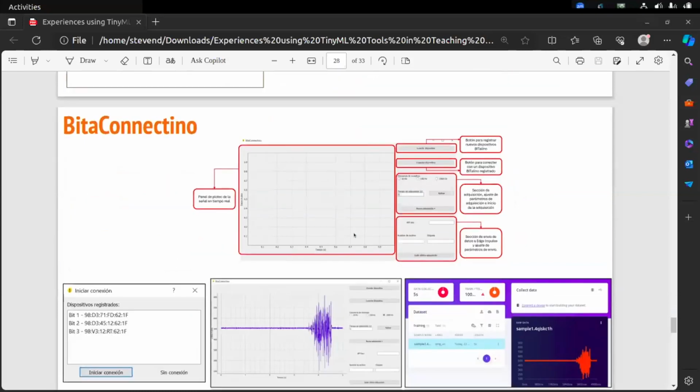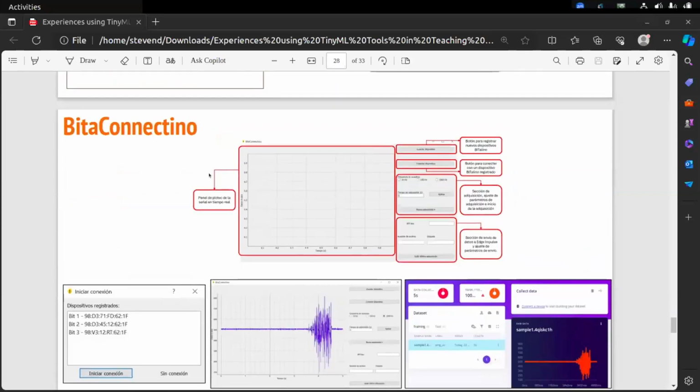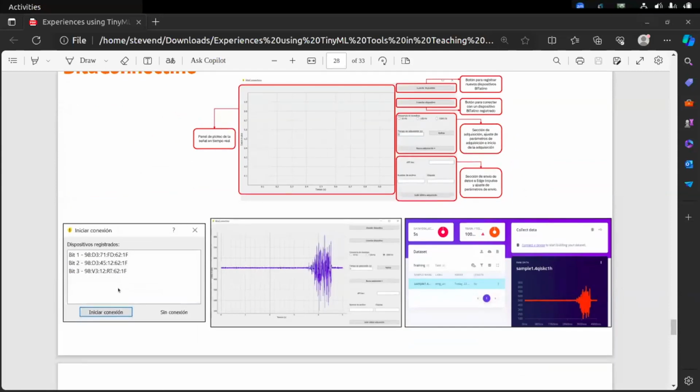So in this case, this tool helps to connect to Vitalino over Bluetooth and then acquire the data, and automatically, only by clicking a button, the data is sent to Edge Impulse, and then it allows you to create a model.